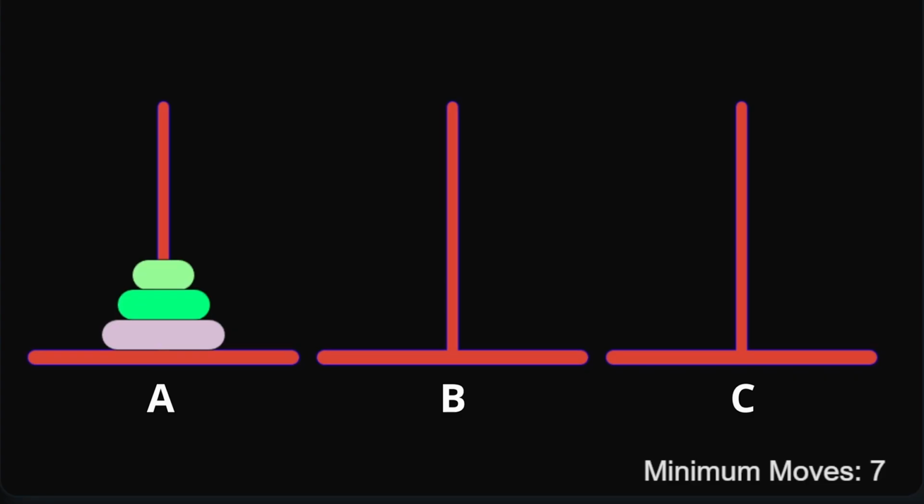We can use a method called recursion. So what is recursion? Recursion means a function that calls itself to solve the smaller parts of the same problem. It's a recursion. It's a function, right?